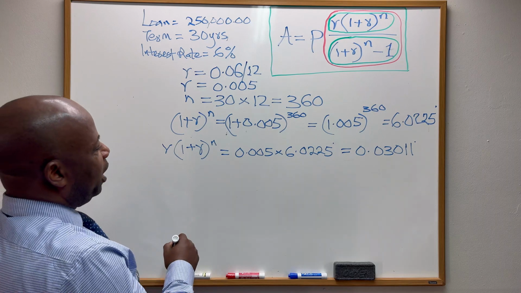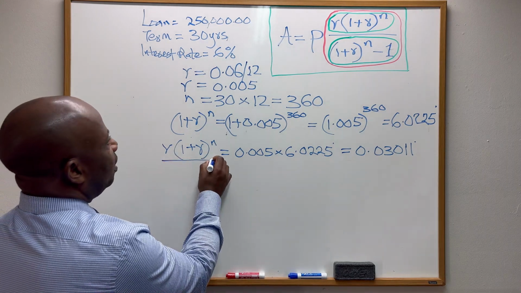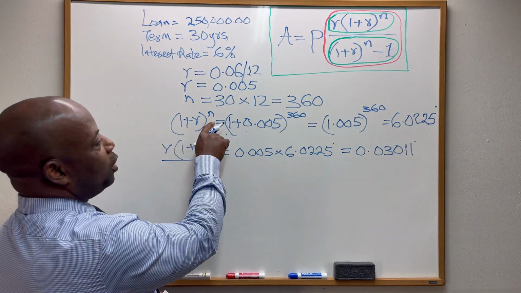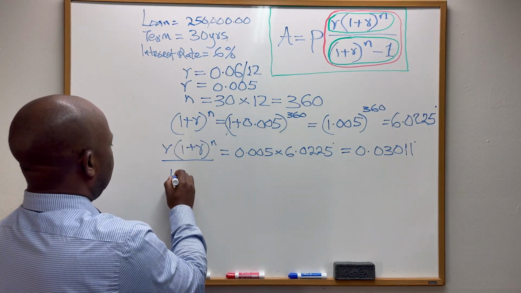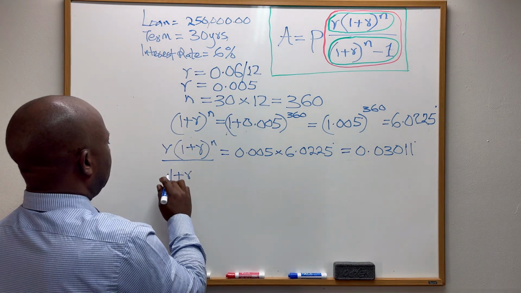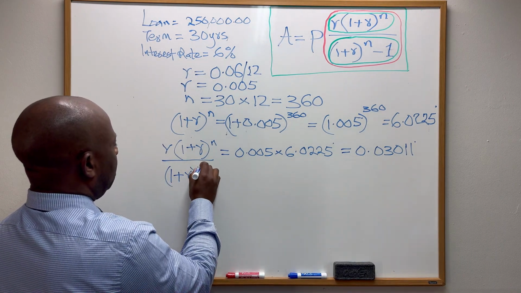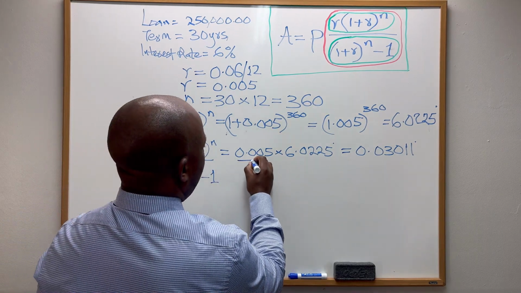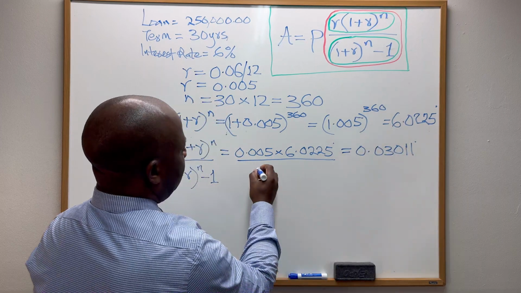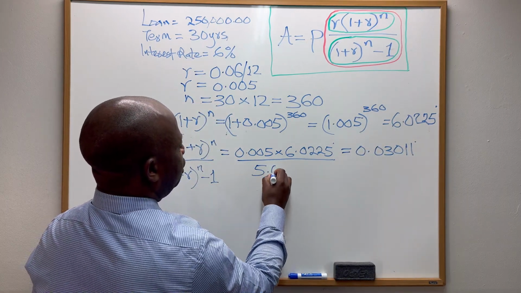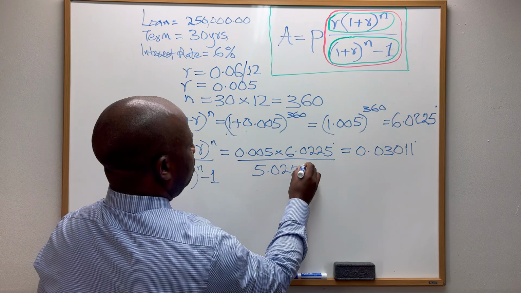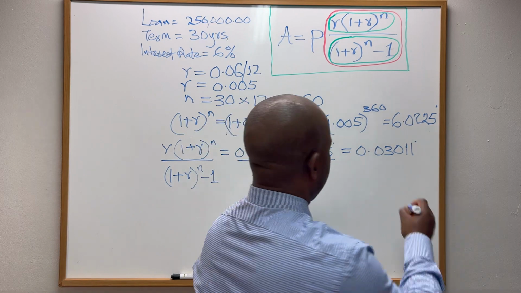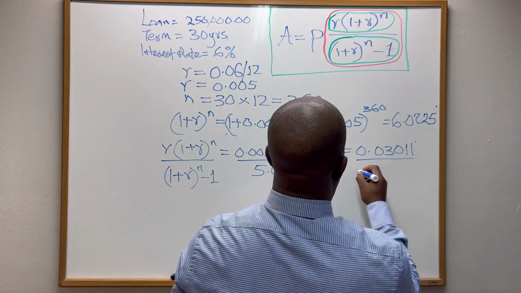And for our denominator, I simply need to subtract 1 from 1 plus r raised to power n. And when I subtract 1 from this number, I simply have 5.0225. And again, that number continues.